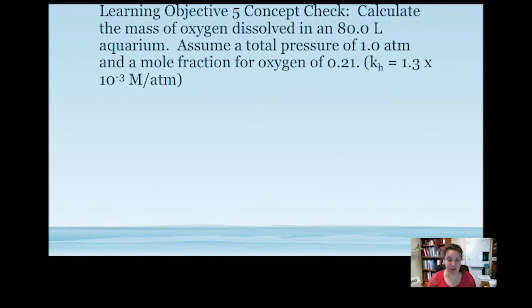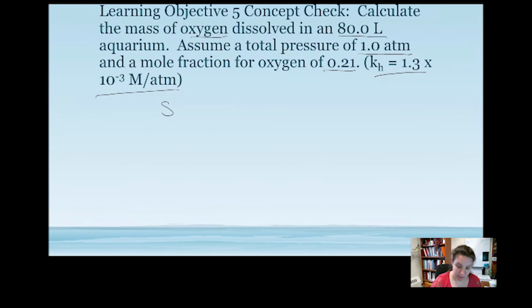Okay, so let's try and use Henry's law. We've got oxygen. That oxygen is dissolved in 80 liters of, we're going to call it water, in that aquarium. The total pressure is 1 atmosphere, and the mole fraction is 0.21, with a Kh of 1.3 times 10 to the negative 3 molarity over atmosphere.